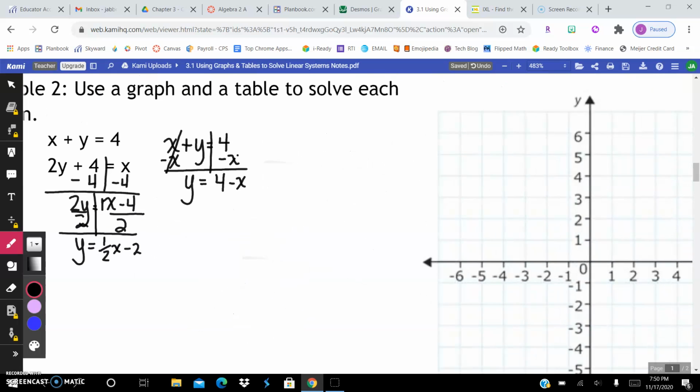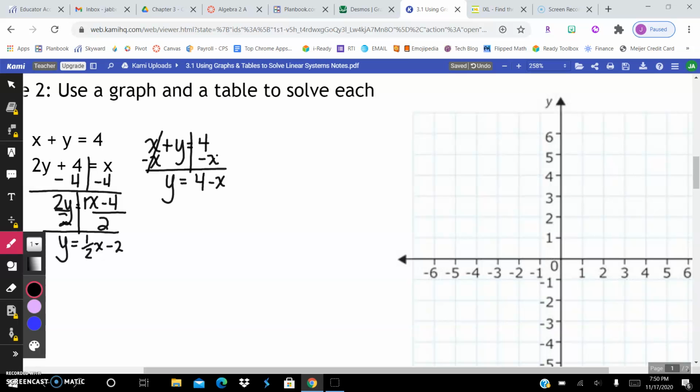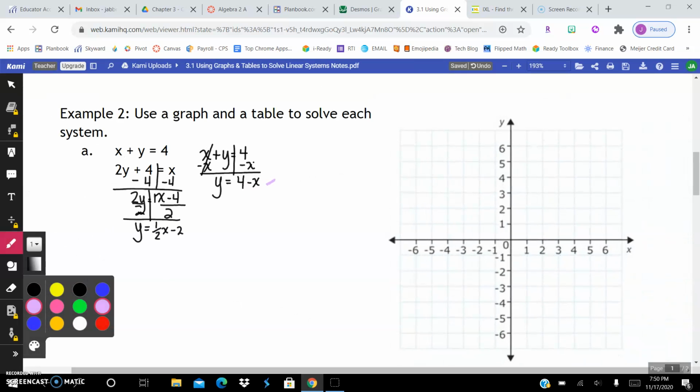Now, in order to graph both of these, I'm going to graph this one first here. Our y-intercept is that positive 4, so I'm going to put a dot at positive 4. And then our slope is the number in front of x, and that's minus x right now, so our slope is negative 1, so that means I can go down 1 over 1.